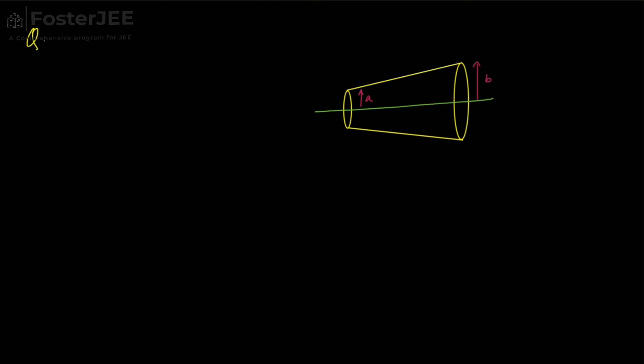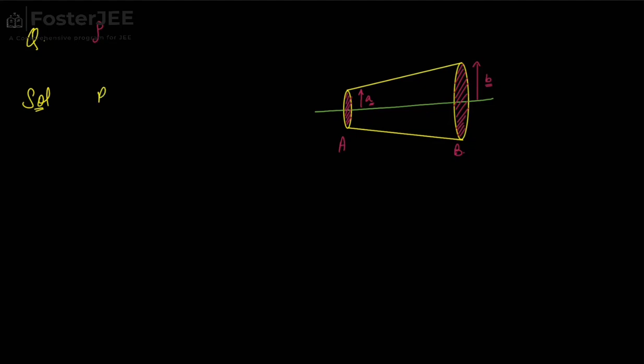A tapered shaped conductor is shown in the figure. The resistivity of this conductor is rho. The smaller radius is A and the larger radius is B. We have to find the resistance of this cone or this shape between these two faces, that is face A and B. Now first of all, it should be clear that integration is involved in solving this question.